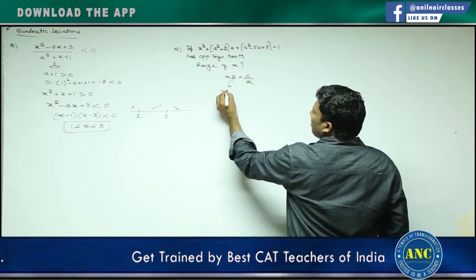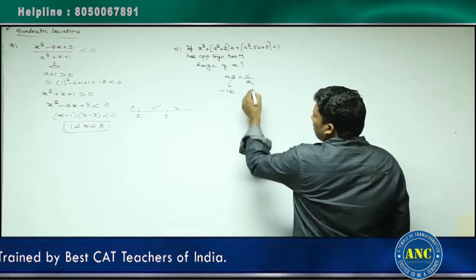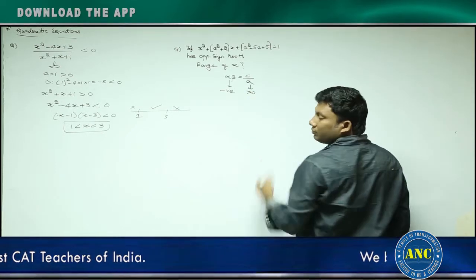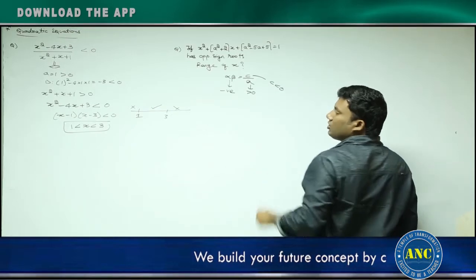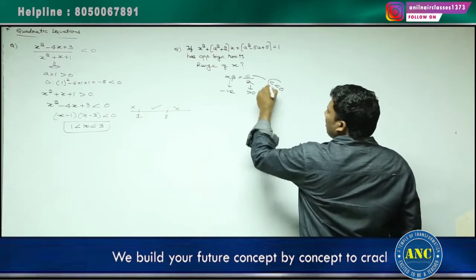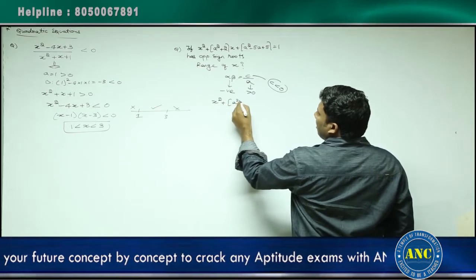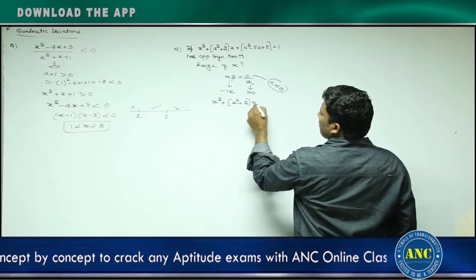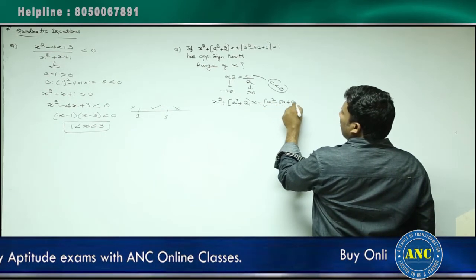Opposite sign. This is negative. This is positive. This will be negative. C is less than 0. If c is less than 0 means x square plus (a square plus 2) into x plus a square minus 5a plus 4 equivalent to 0.